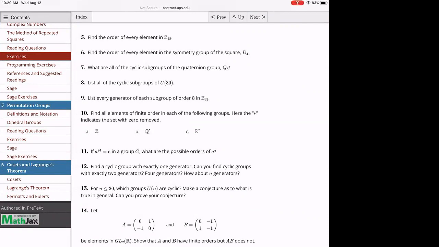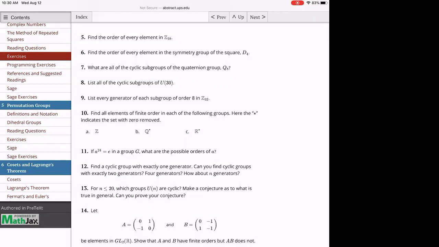Is that proposition applied to non-cyclic groups? I mean the proposition that a to the k equals e only if n divides k. Yeah, that is only for cyclic groups.